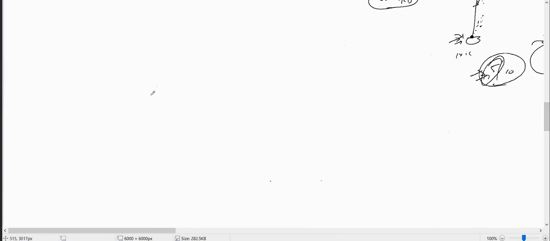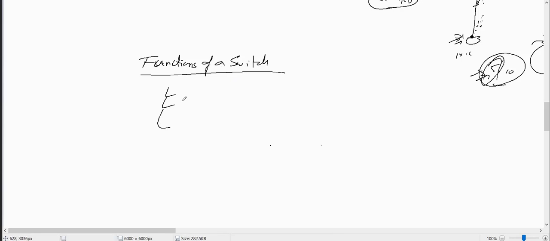Now let us get into the switch functionality itself. Now there are 3 major functions. I should say, end of the day, the function is only one, which is to identify the destination host. How that function is done is basically 2 steps.